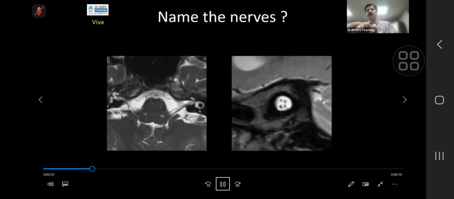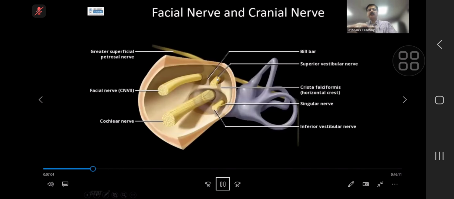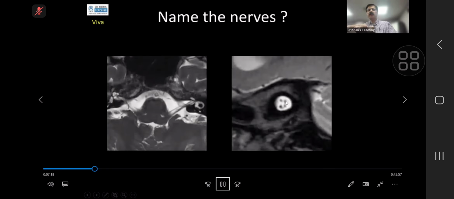This is the inferior vestibular nerve. That is the answer. If you see here, this is the superior vestibular nerve. This is the inferior vestibular nerve. The formula here is 7 up, which is the 7th, and coke down. So this is the cochlear. Superior vestibular, inferior vestibular. So these 4 will be seen on a CISS sagittal sequence, and this has been shown in the exam just like this.